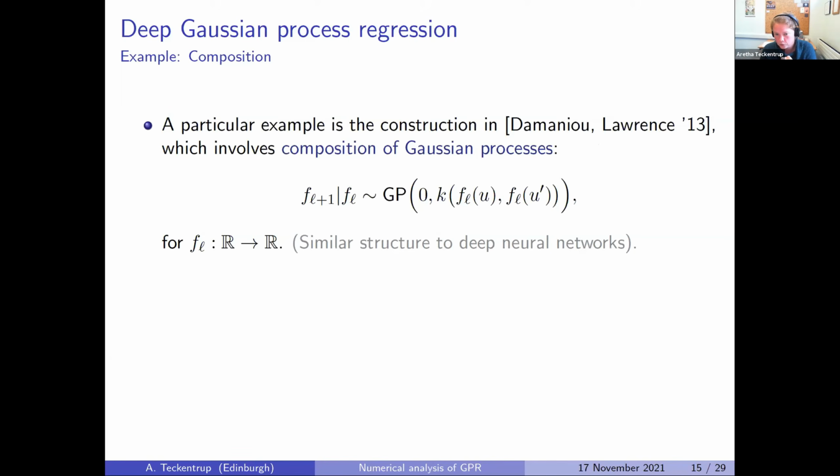And that is exactly what you do here as well, right? So what you're doing is you're using the output of f_l as an input to f_{l+1}. Right? So what that means mathematically, you can write it down like this. Right, so you then have some covariance kernel that you evaluate at f_l(u) and f_l(u'). Right?